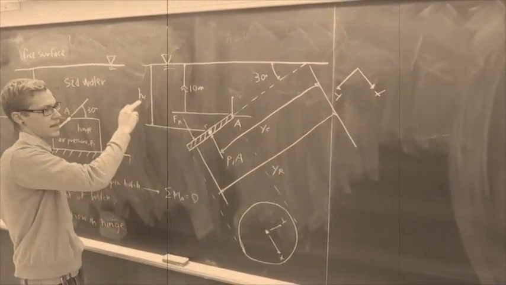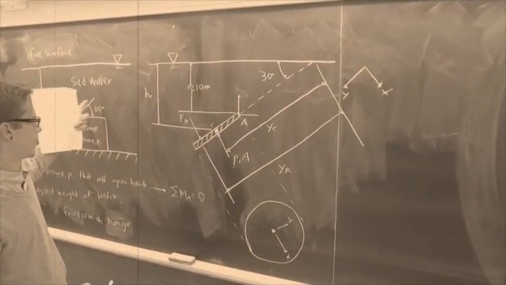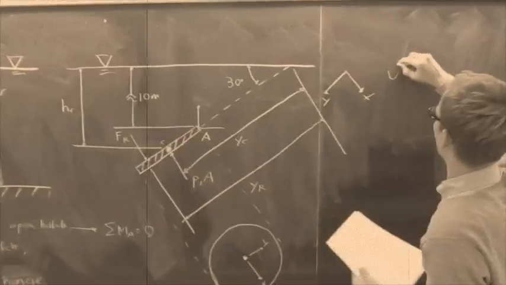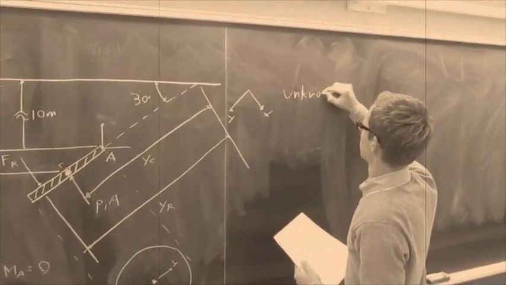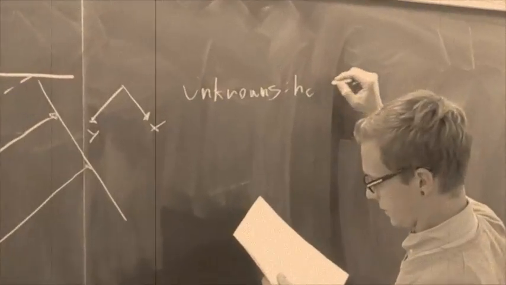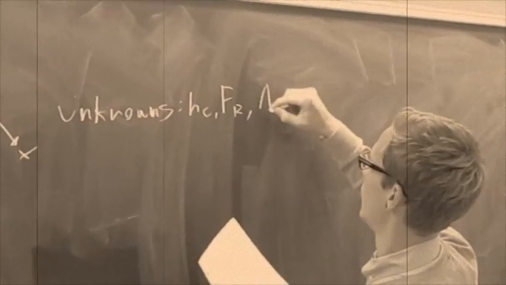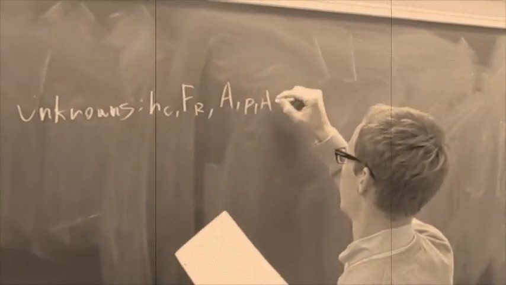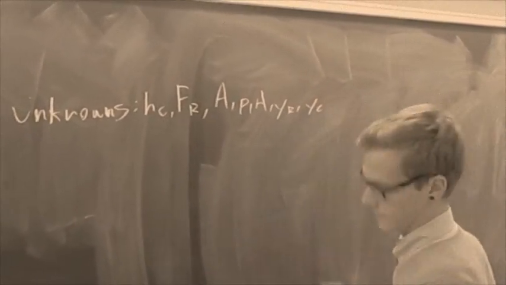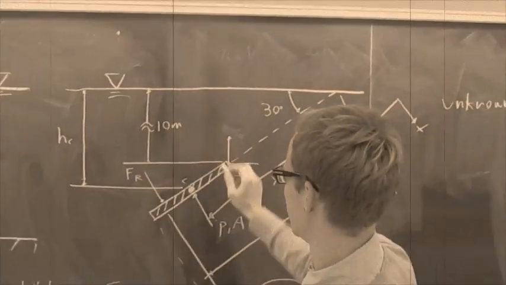You also put this in there, Hc, which is the height vertically in our original coordinate system to the centroid of the object. This leaves us with the unknowns: Hc, Fr, A, P1A, Yr, Yc.